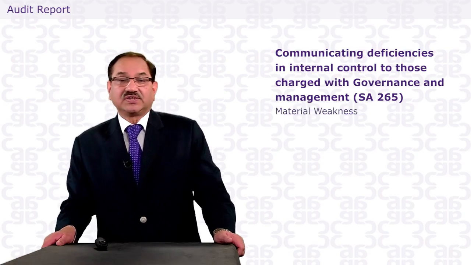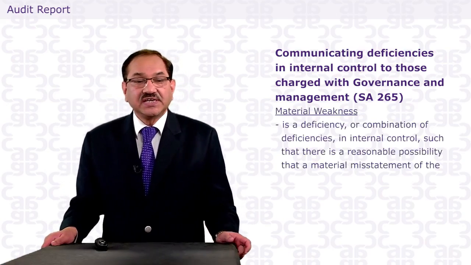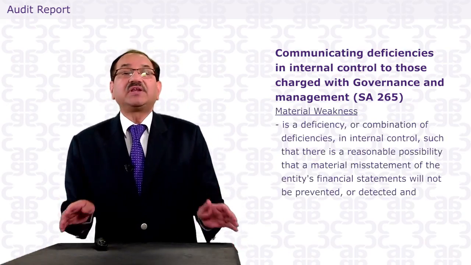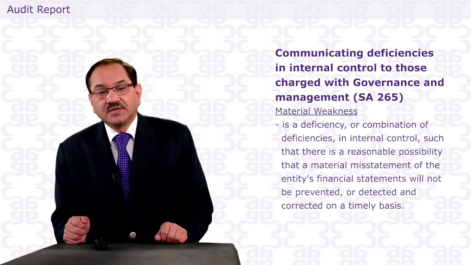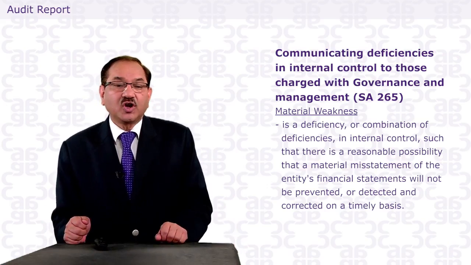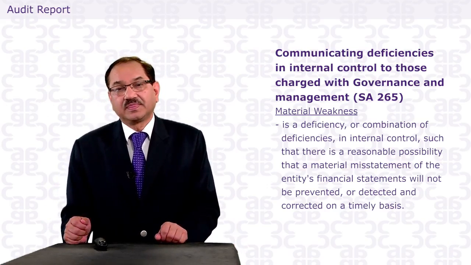Now, what is a material weakness? It is a deficiency or a combination of deficiencies in internal control such that there is a reasonable possibility that a material misstatement of the entity's financial statements will not be prevented, detected or corrected on a timely basis.